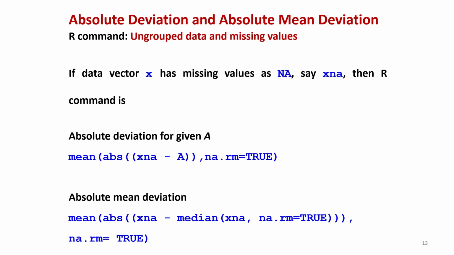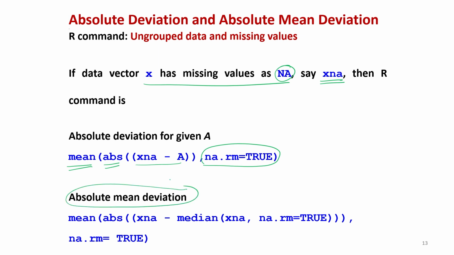Now, in the same case, if x data has some missing values denoted by capital NA and the data is stored in a data vector xNA, then the R command becomes mean of abs of xNA minus a, but now you have to use na.rm equal to TRUE. And similar is the story when you find the absolute mean deviation: you use the same command, but you replace a by the median, and the median will also be computed by removing the missing values, so median of xNA comma na.rm equal to TRUE, right?